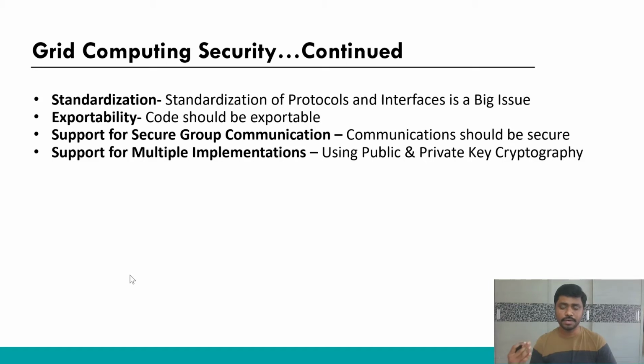If somebody tampers with that communication, they'll get data access, and they may even damage the entire grid network as well. So secure group communication is also a very important point. And it should also support multiple implementations using private and public key cryptography. Okay, so this is about the grid computing technology.